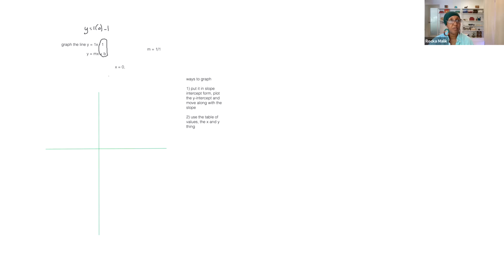I get y equals 0 minus 1, so y equals -1. And when my x is 0, my y equals -1. Good job, Haley. So this is my y-intercept. It's the point.